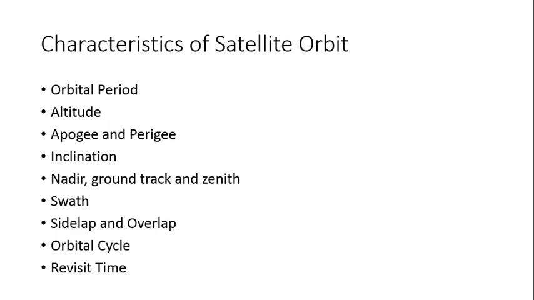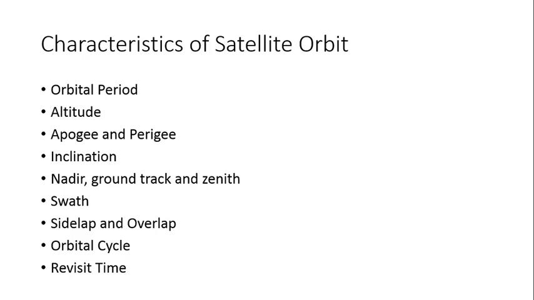Nadir, ground track and zenith. Nadir is the point of interception on the surface of the Earth of a radial line between the center of Earth and the satellite. This is the point of the shortest distance from the satellite to the Earth's surface. So don't get confused between perigee and nadir. Perigee is the nearest point of the satellite's orbit to Earth.